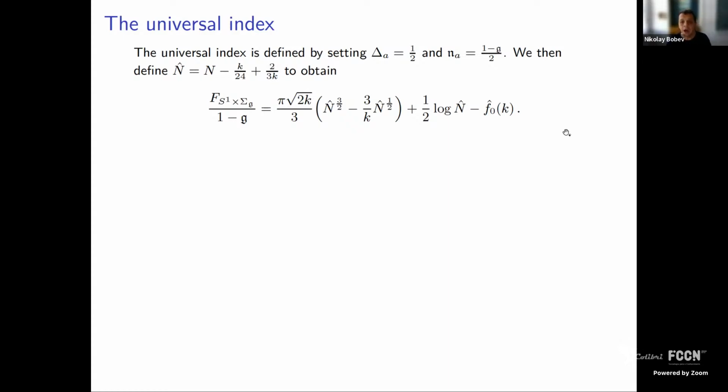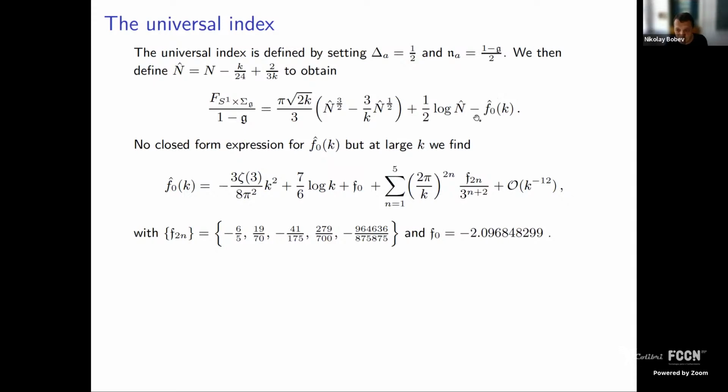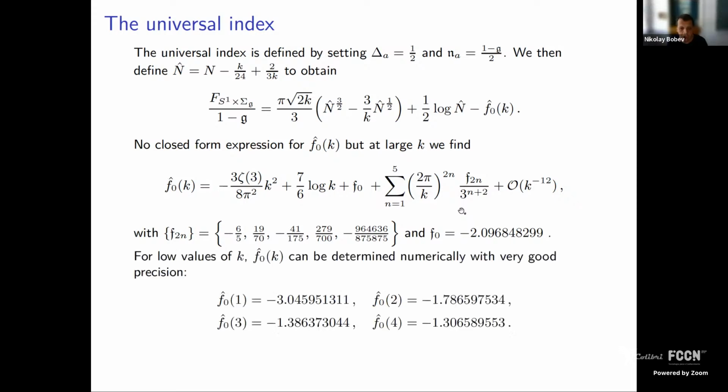But anyway, in this case, we can really go into detail and study this order n to the 0 piece. This little function f hat is not a function of capital N, so it's some finite contribution. We were able to study it very accurately numerically and guess some of the series expansion. This expansion here is for large k.